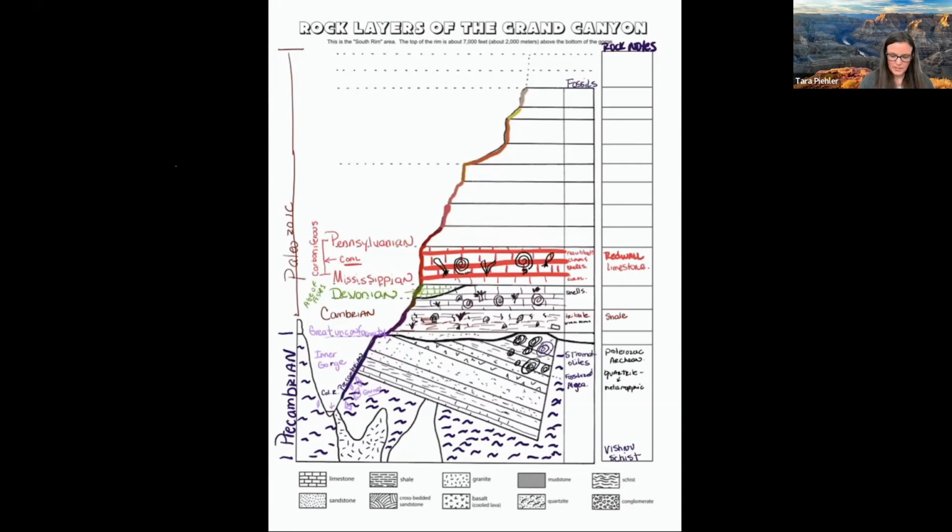From about the Pennsylvanian layer up, we're actually going to have a lot of animal tracks. This is when the amniotes started developing. This is how animals were able to live on land. They can now make their own eggs. You can now be submerged in water and land through eggs.